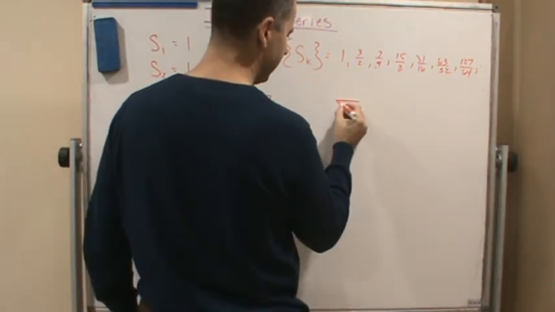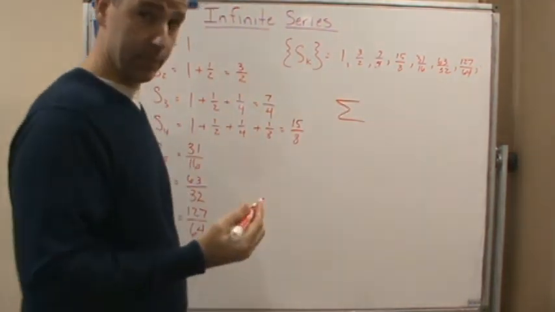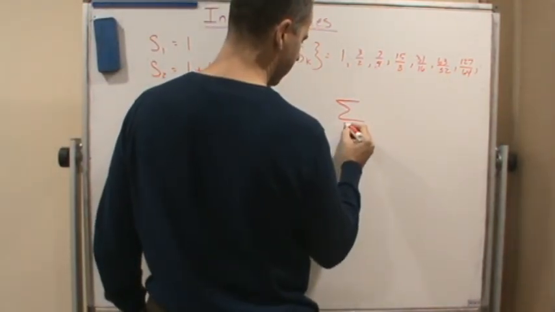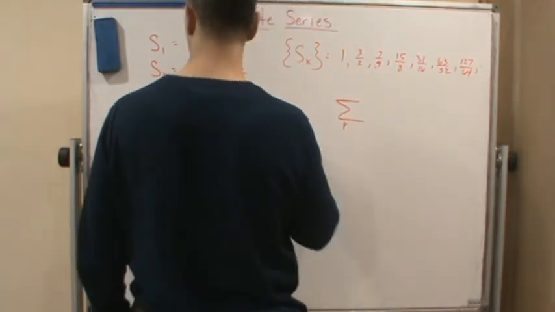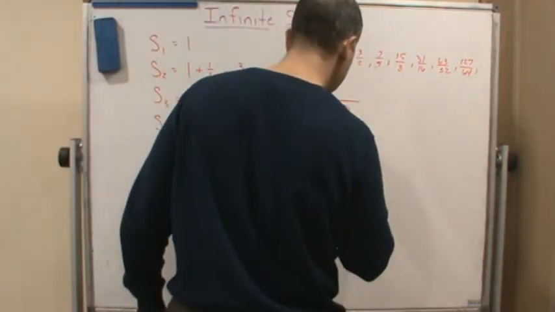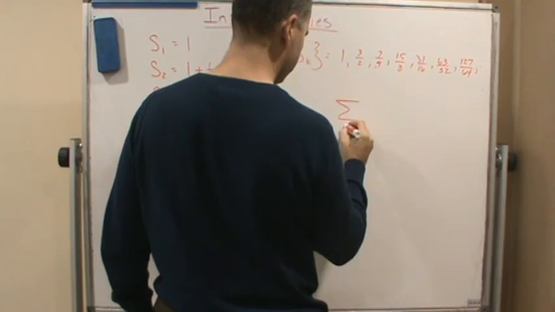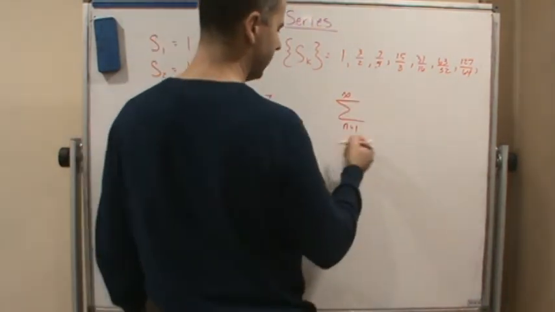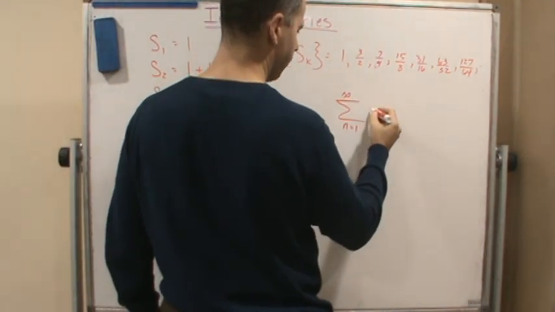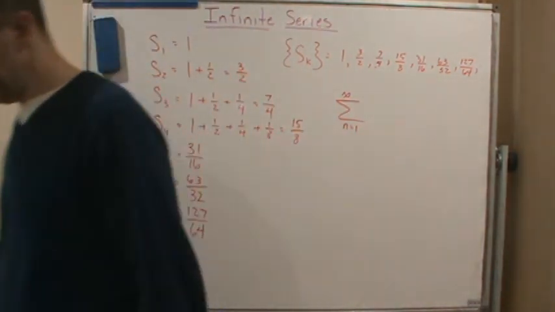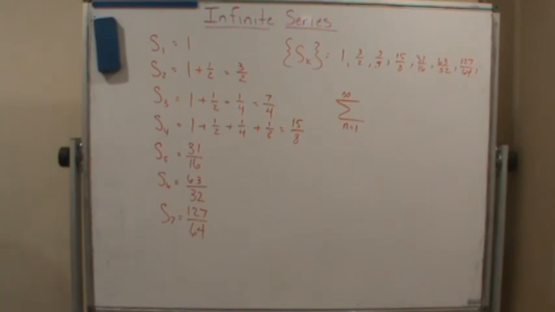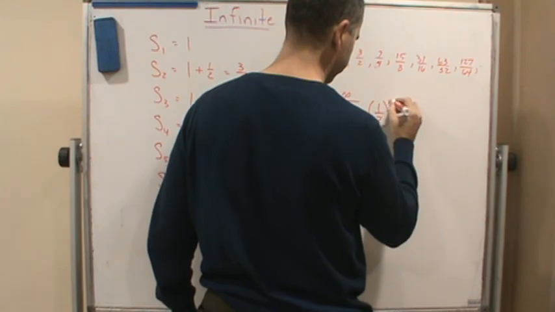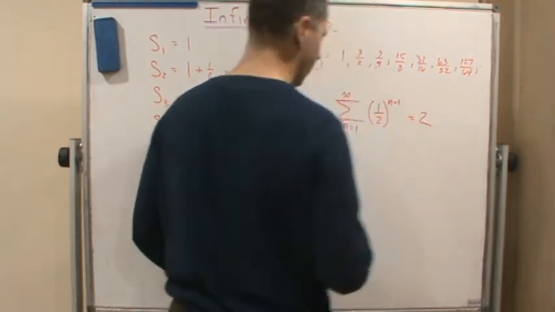We say that the infinite series, the sum from n equals 1 to infinity of the terms, equals 2.